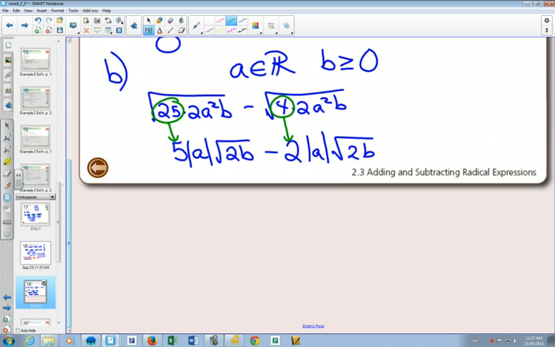And we notice that our radicals are the same. These are part of the same family, the root 2b family. So since they're both 2b, you can add them together. 5 square root of 2b minus that. 5 minus 2 will leave you with 3 of them.